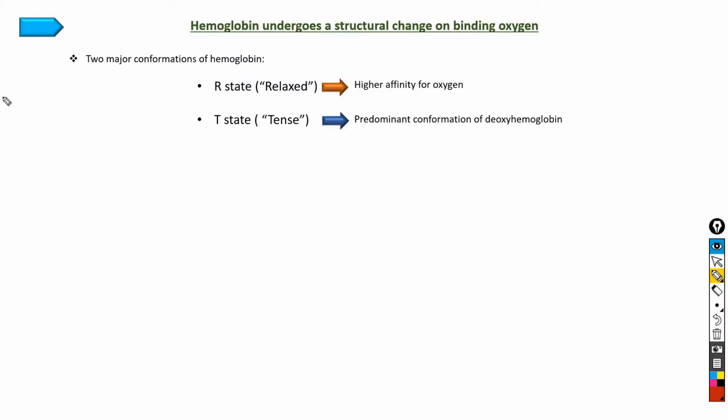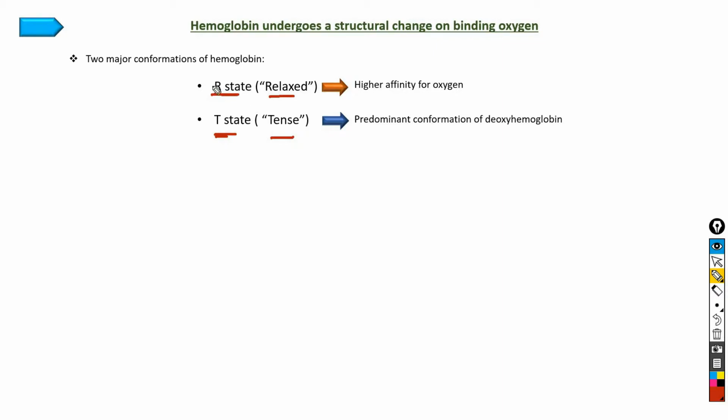Now coming to what kind of structural changes take place in hemoglobin when oxygen binds to it. The X-ray analysis of hemoglobin revealed that there are two major conformations, the R state and the T state. R state denotes relaxed, whereas T state denotes tense.